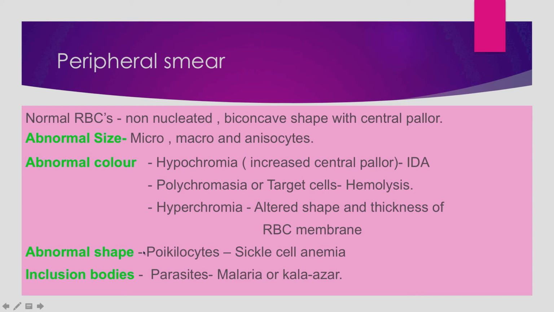Poikilocytes means abnormal shape. Inclusion bodies: if some extra bodies are seen in RBCs, for example parasites in malaria or Kala-Azar, we call that inclusion bodies. So in peripheral smears we see all these things.